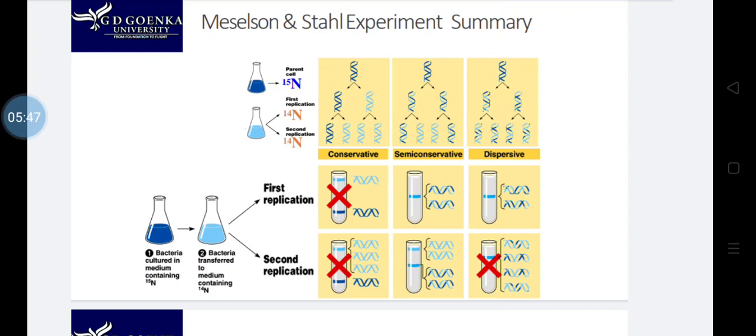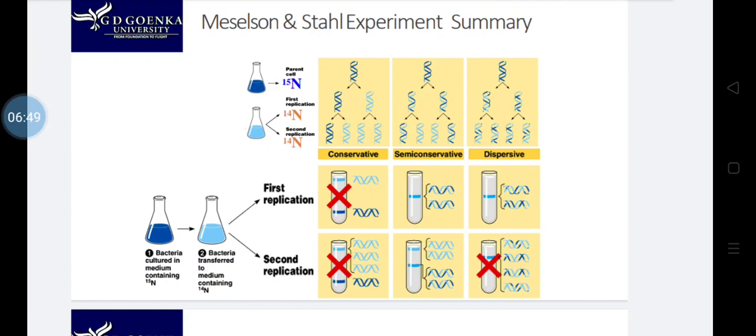In the first replication of the cells, he disproved the conservative model of DNA replication, and in the second replication of the cells, they further rejected the dispersive model, because they found only the semi-conservative type, in which they were supposed to get two bands of DNA: one mixed strand, with one parental strand and one new daughter strand, and the second band containing pure 14N, with parental as well as daughter DNA.